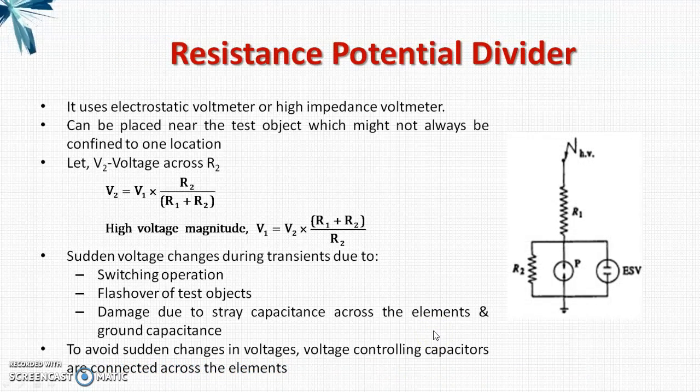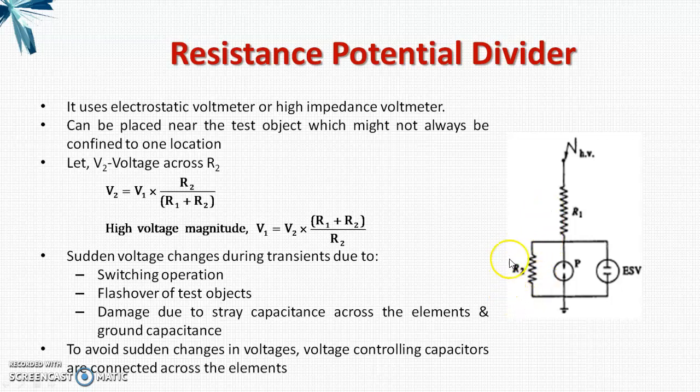Then the second one is the resistance potential divider. Here it uses an ESV, that is electrostatic voltmeter or high impedance voltmeter. It is usually a resistance potential divider R1 and R2. Here high voltage is applied. Let us consider that the voltage across R1 is V1 and the voltage across R2 is V2.